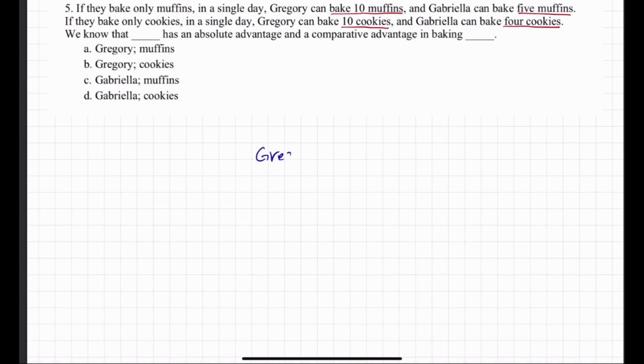Based on this information, we can make the 2x2 table. Here's Gregory and Gabriel. They can make muffins in a single day, and they can make cookies in a single day. Gregory can make 10 muffins, and Gabriel can make 5.